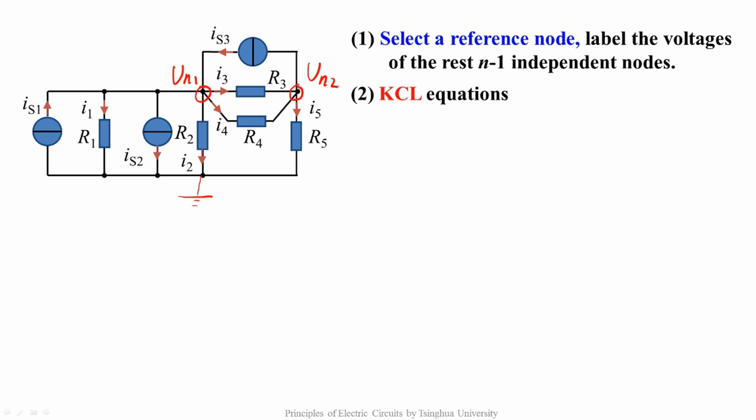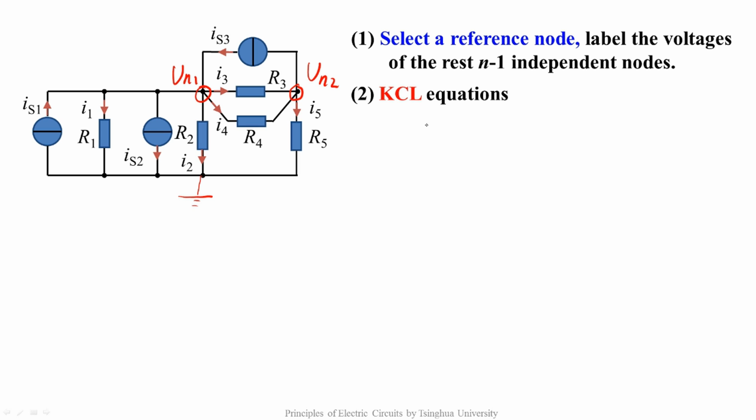The second step is to write KCL equations for the n-1 independent nodes. Here, it should be emphasized that when writing the KCL equations by using the node voltage analysis, we have a special discipline that the currents flowing out of the node are positive and those flowing into the node are negative.